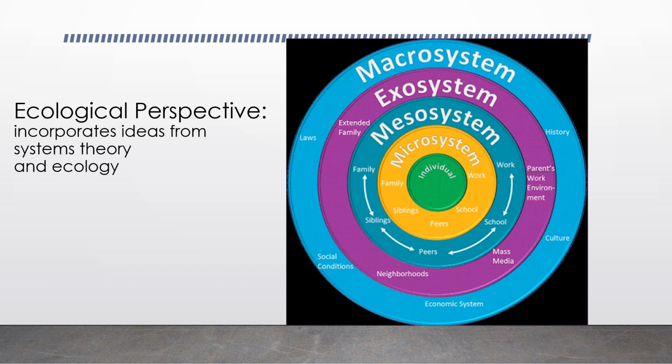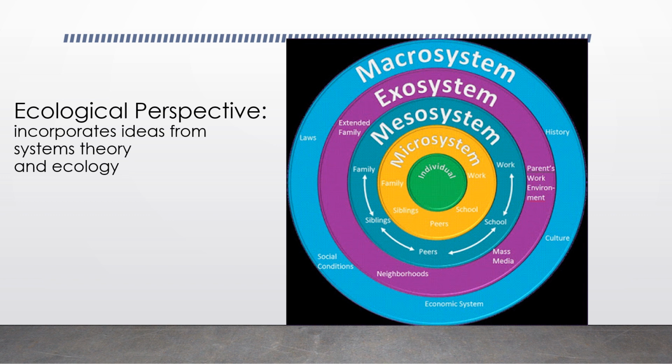And so what we really focus on when we talk about the ecological perspective is these transactions across these different levels. In other words, the person in their environment, which is a really key and focal idea of social work, and we're going to talk a little bit more about that next. But first, I just want to talk a little bit about the ecological perspectives, where it came from, and the different levels.